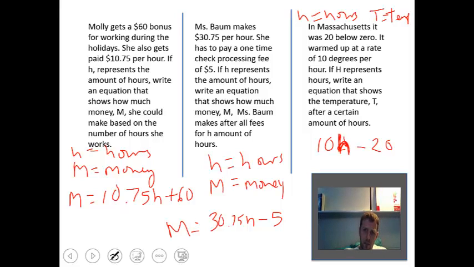And I believe the temperature is what we're looking for, so I put T right there. Like I said, this is a lot. But if you constantly ask yourself, what is constantly happening in the story, what's happening over and over again, that will tell you what your slope is and what you need to multiply by the variable. And if you ask what's something that's only happening one time, that will tell you what your y-intercept is.